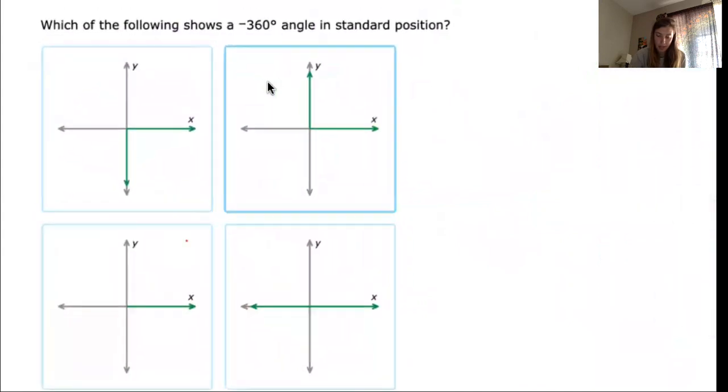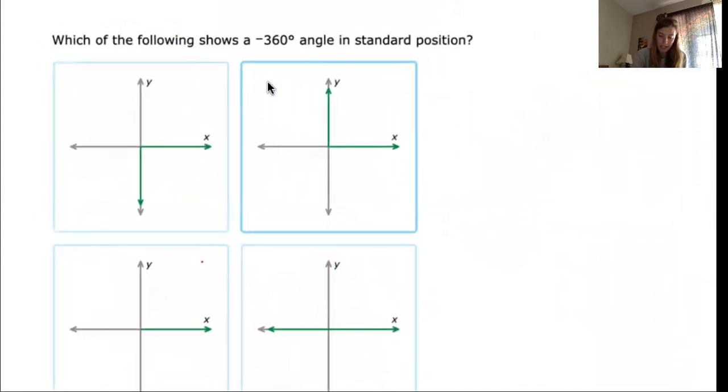Okay, this one's a little bit different. It has a negative angle. What happens when you see a negative angle is that you're going to go backwards. So you're still going to start, follow the red highlighter, you are still going to start there, but now you're going to count this way. So this is now negative 90 degrees, right?